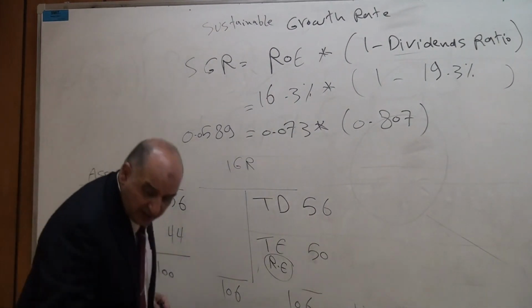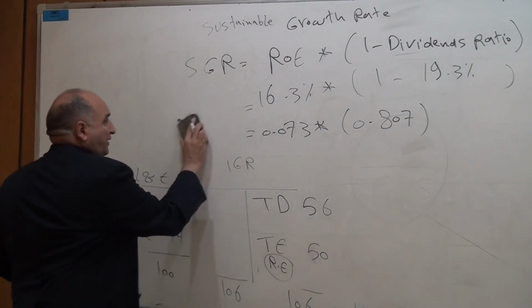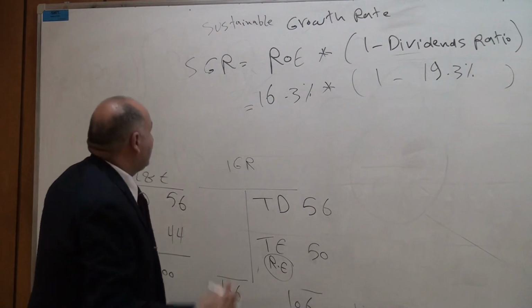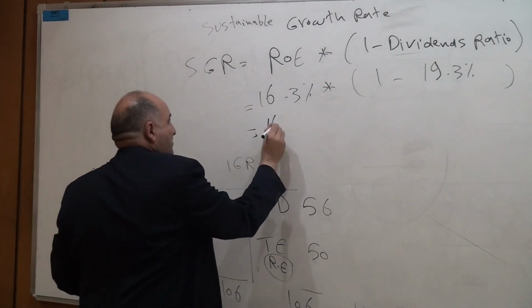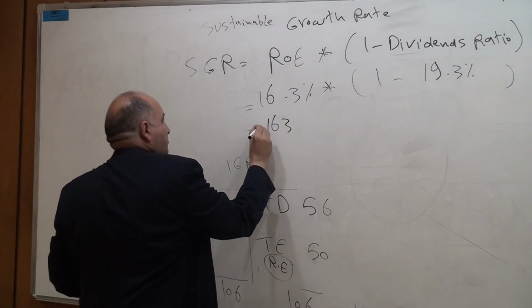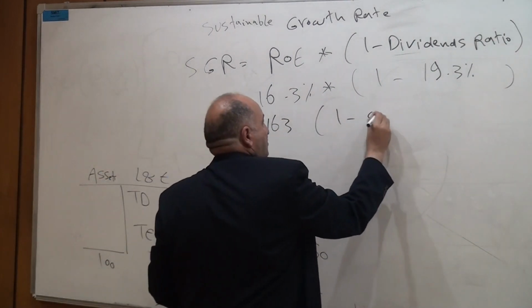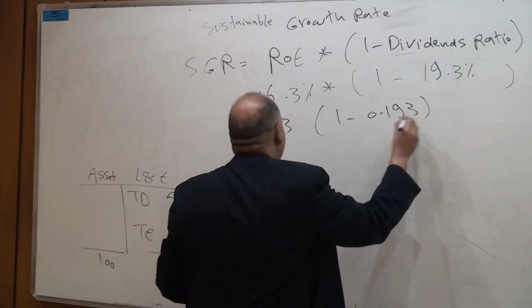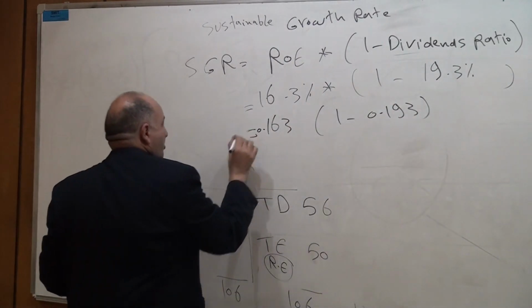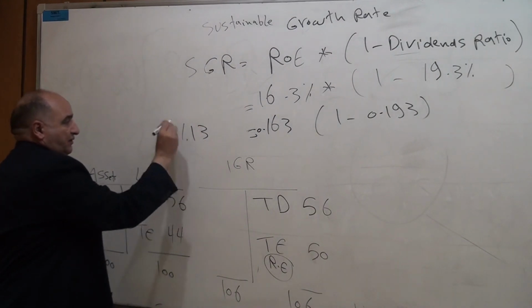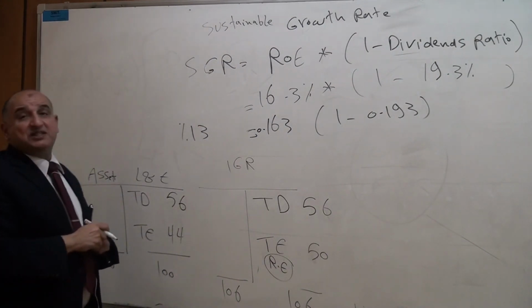So you can rewrite it as 0.163 multiplied by 1 minus 0.193. So it will be 13%. What does this mean?